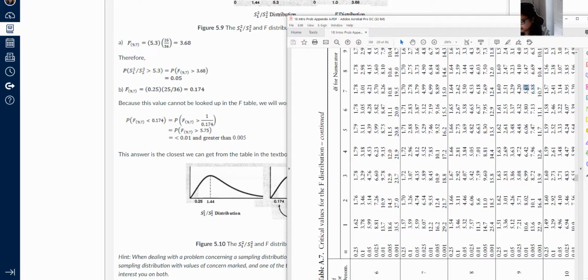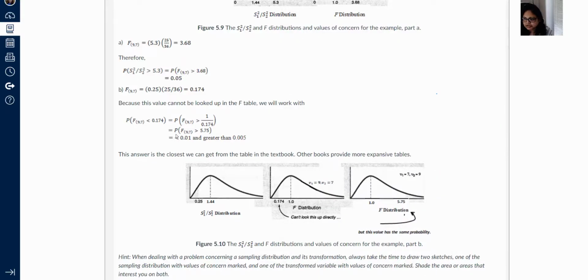You can pick one of them, or you can say it's close to these two, or say it's less than this one or more than this one. For these two values, you can see the probabilities are 0.01 and 0.005. That means it's more than 0.005 but less than 0.01. That's what it's written in here. Okay, so consider that. It should be 7,9, not 9,7. So that's what we showed in the table. That's how we actually draw them.